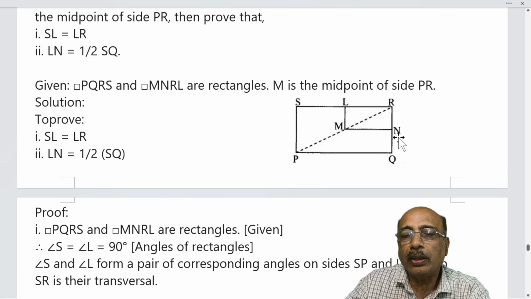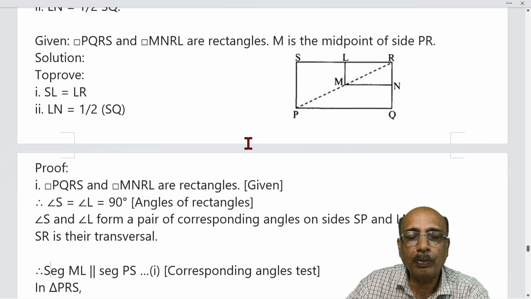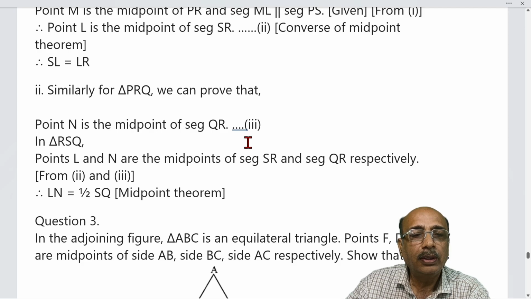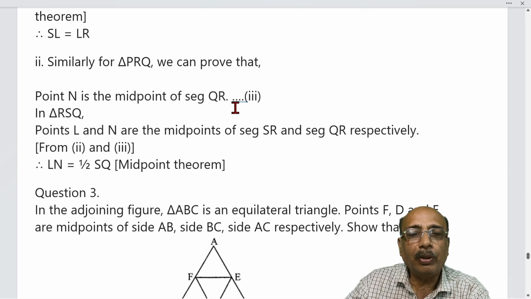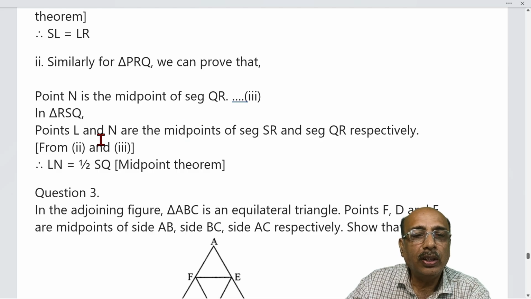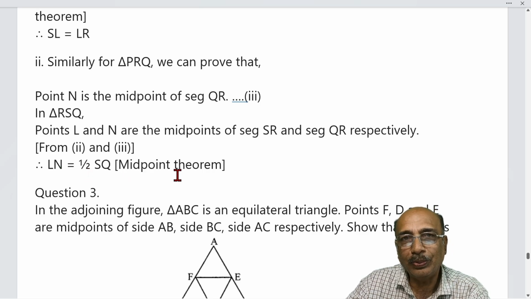Now, in triangle RSQ, L and N are the midpoints of segments SR and QR respectively. Therefore, by the midpoint theorem, LN equals half of SQ and it is parallel. Very easy.